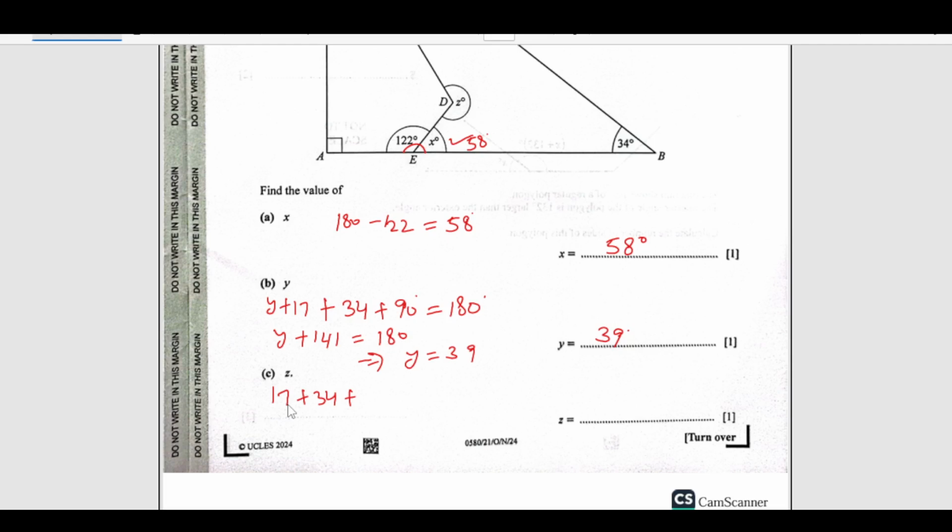X is now 58, plus we have z, right? So this is 360. So when you do this, z is equal to 360 minus 109. It gives us the value of z as 251 degrees, right? So that was about this.